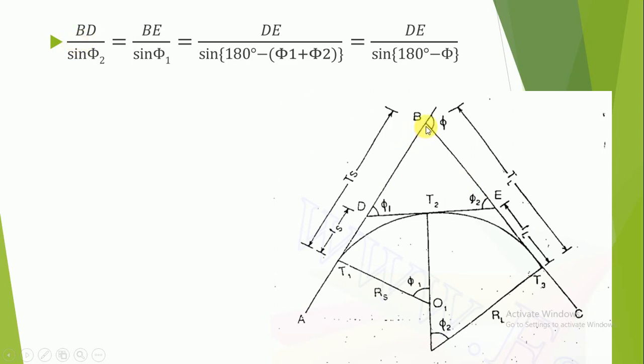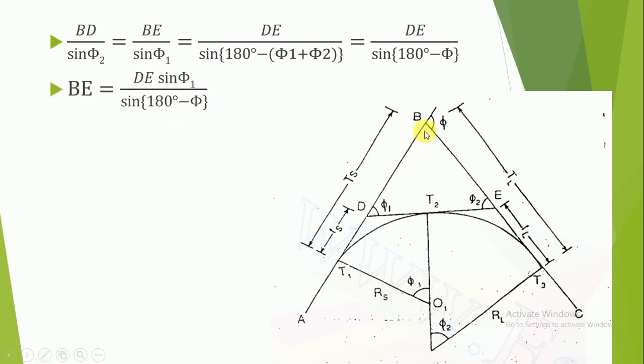If I am interested in finding the distance BD, BD upon sine phi 2 is the ratio; again BE upon sine phi 1, and DE upon the sine of the remaining angle, which is 180 degrees minus the summation of phi 1 plus phi 2, so it becomes DE upon sine of 180 degrees minus phi.